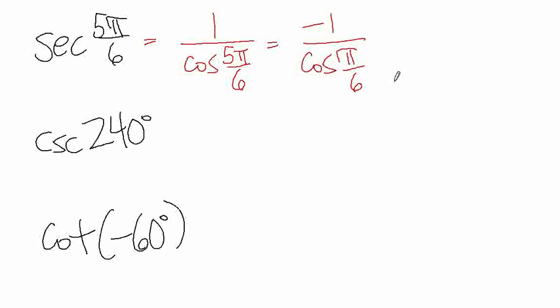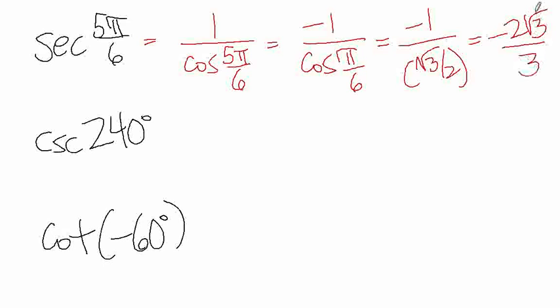And then the cosine of pi over 6 is root 3 over 2. So simplifying that, I have minus 2 over root 3, or minus 2 root 3 over 3. So you see how I do it in steps, and every step gives me a little bit easier expression to work with.